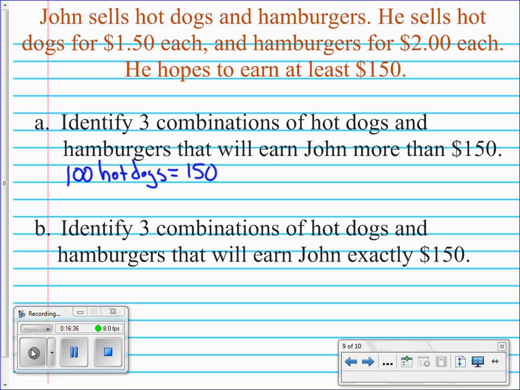If he wants to earn more than $150, all he's going to have to do is sell 1 hamburger. Because 1 hamburger is $2, 150 plus $2 is $152. One combination that earns him more than $150.